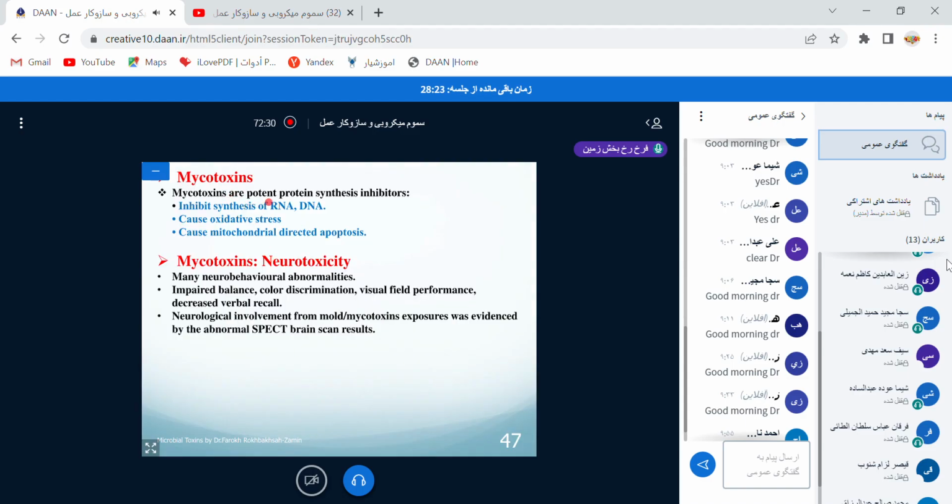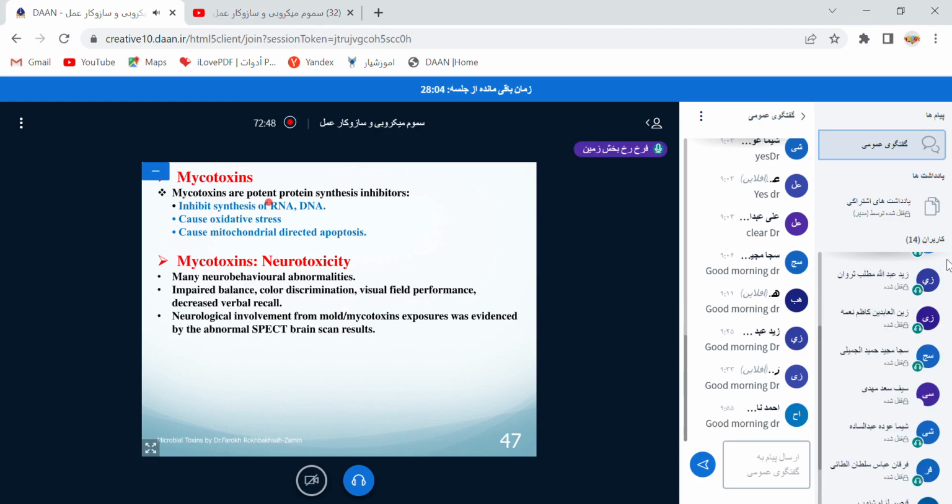Mycotoxins are potent, powerful protein synthesis inhibitors. So they stop protein synthesis. And one type of protein is enzymes. All catabolism and anabolism are under the control of enzymes.